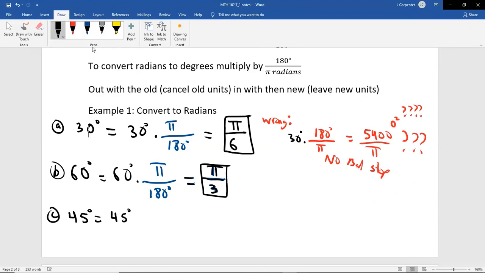But the important aspect is knowing how to go between one and the other. So we're in degrees, so we know degrees goes in the bottom to cancel. We know the pi goes in the top to fix everything. 45 will go into 180 4 times, so that's a 4 in the denominator. The degrees would cancel each other out, and the pi is still in the top.